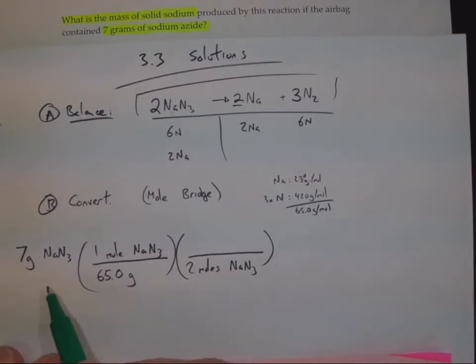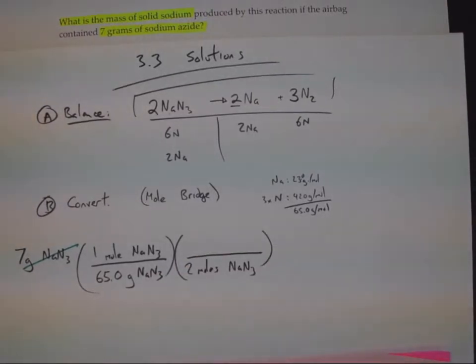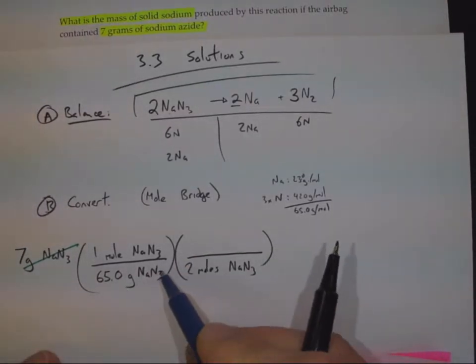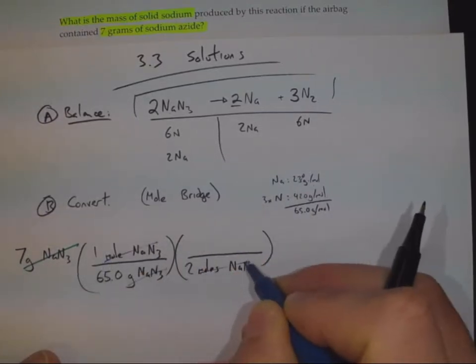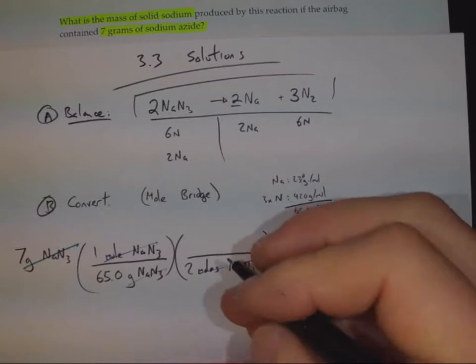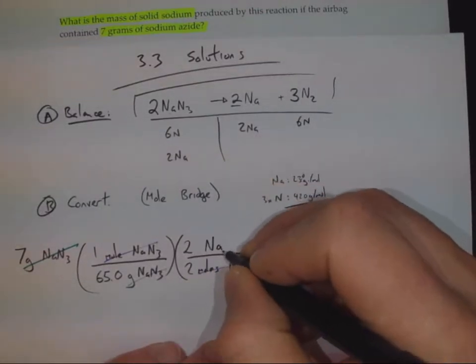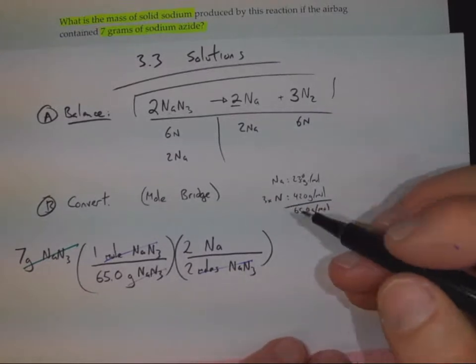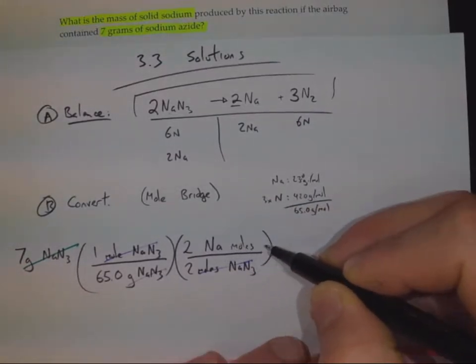This is grams of sodium azide, and moles of sodium azide also cancel out, giving us units of moles of sodium metal, solid sodium. All right, and those are in moles.